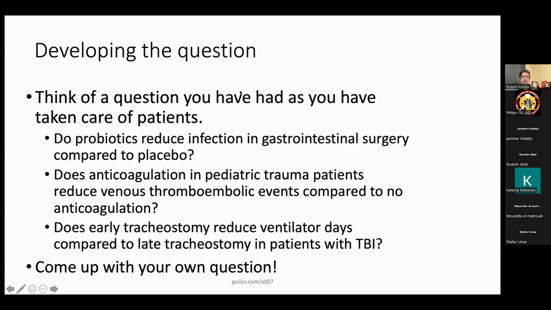So when we develop a question, when we think about why or how we want to do research, think about a question that you've had as you take care of patients. Let's say you're thinking about reducing infections in gastrointestinal surgery. It's a common problem. I think every hospital has this problem.